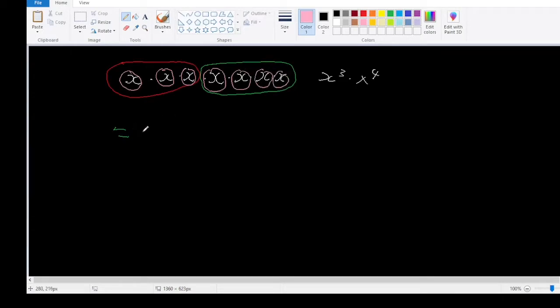So it will be x to the power of 7. This is the answer.